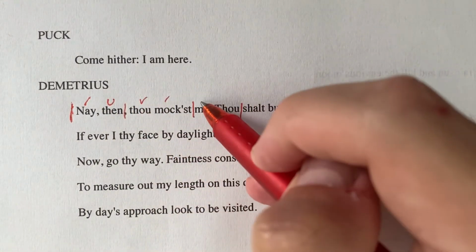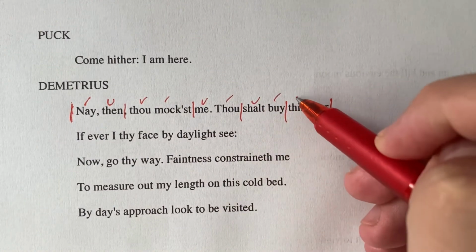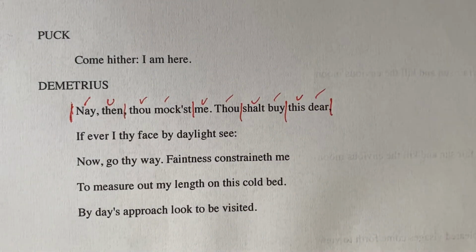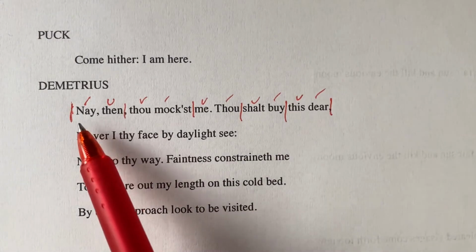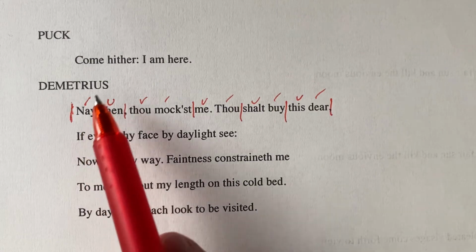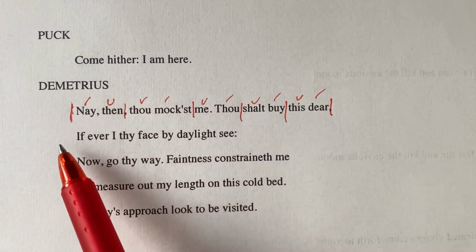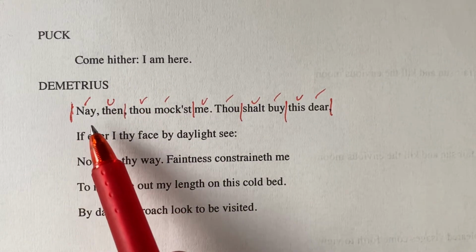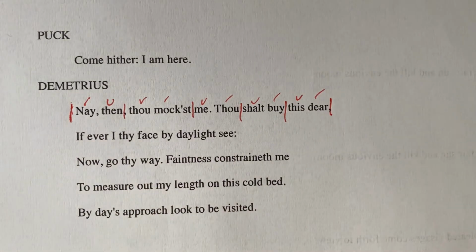The rest of that line is regular iambic pentameter. We can tell because of this stress on the word nay, he's directly answering Puck's challenge with no, absolutely not going to fall for it. "Nay, then thou mockst me, thou shalt buy this deer."